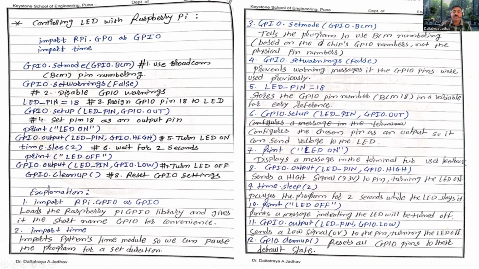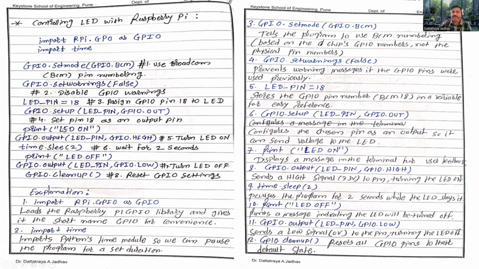To interface the Broadcom pins, we use GPIO.setmode, that is GPIO.BCM. And when we assign one of the pin numbers to the LED, we use LED_PIN. Then to assign this pin as an output, we give GPIO.setup(LED_PIN, GPIO.OUT).